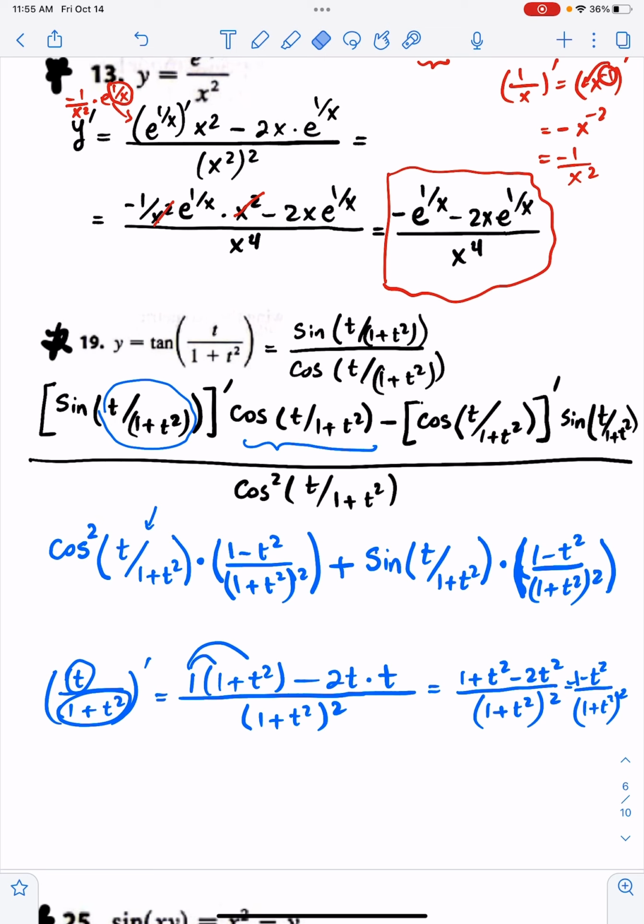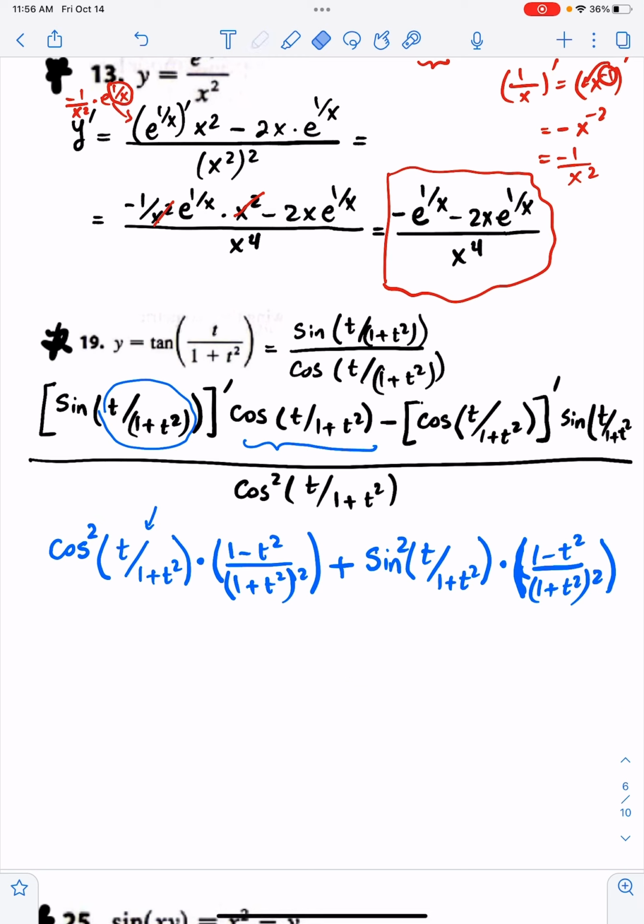Okay. And then multiply by this sine. But this sine is a copy of this one, so if I'm multiplying that right here, it's the same thing as if I add a power of 2 right there. So that's going to be to the power 2. I'm going to erase the derivative piece here.